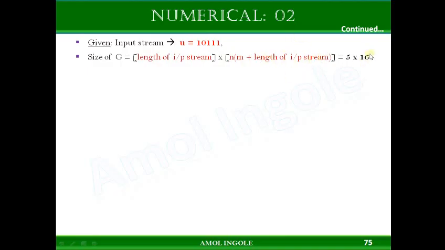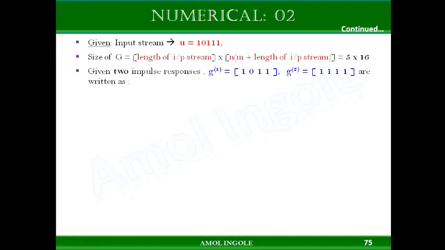So it will be 16. That is, n is 2, m is 3, and length of the input bit stream is 5. So 5 plus 3 is 8, 8 into 2 is 16. So the size of your generator matrix would be 5 rows and 16 columns.